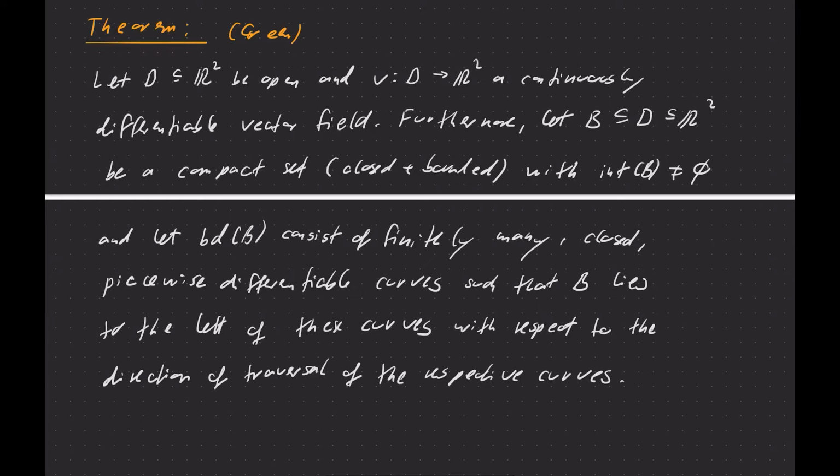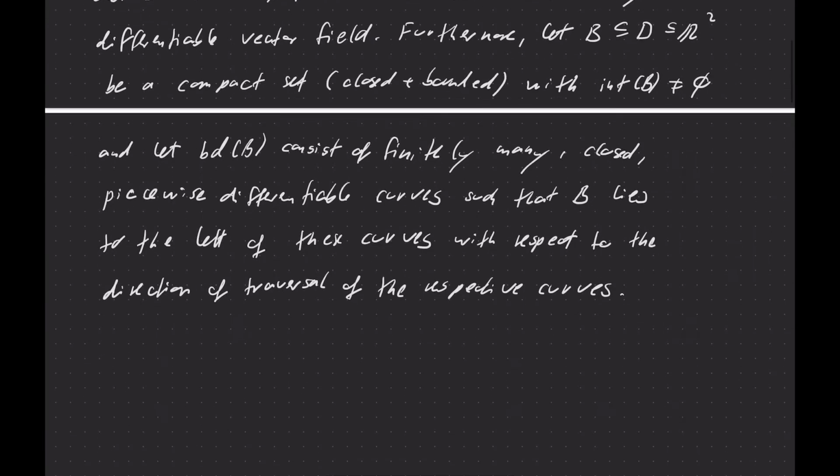Okay, so what I mean by that is we are in the plane, so there is a notion of left and right. And if we have a curve, then we're moving along that curve. So here's a curve. This is the direction of movement along that curve. So then this here is left and this here is right.